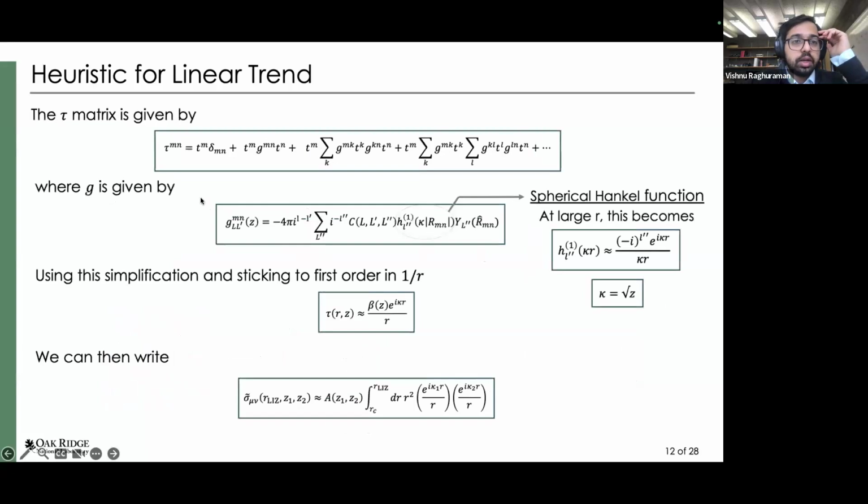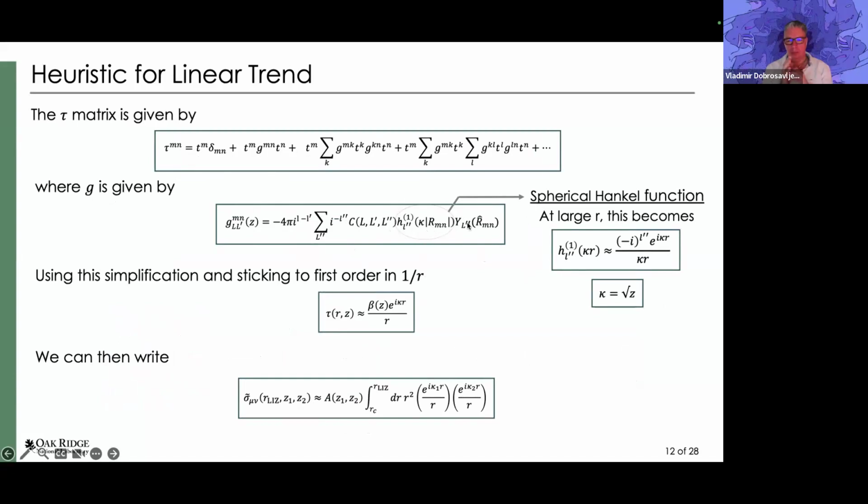Here the tau matrix is the multiple scattering, which is by definition a sum of all possible scatterings. You can write this sum as single body, 2 body, 3 body, and so on. Here G is your free electron propagator, and the distance dependence of the free electron propagator is given by this Hankel function.